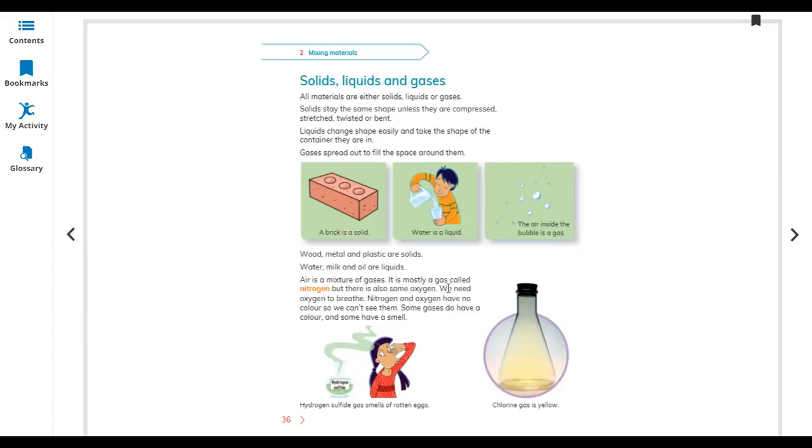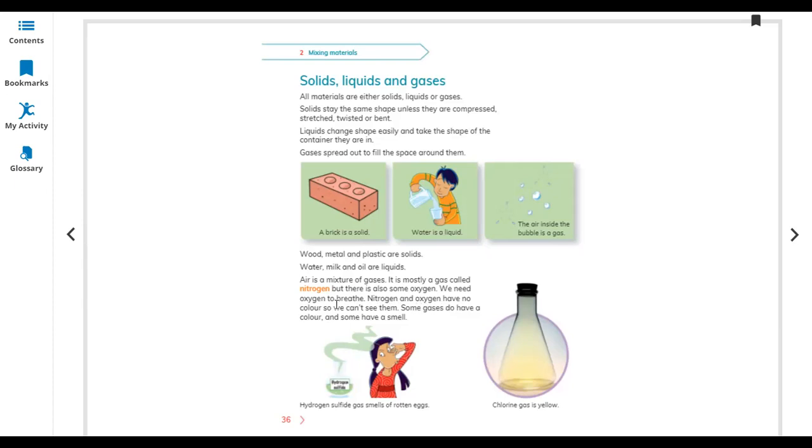It is mostly a gas called nitrogen, but there are also other gases like oxygen. What do we need oxygen for? For breathing. When we breathe in, oxygen goes inside, and when we breathe out, carbon dioxide comes out from our body, from our mouth.